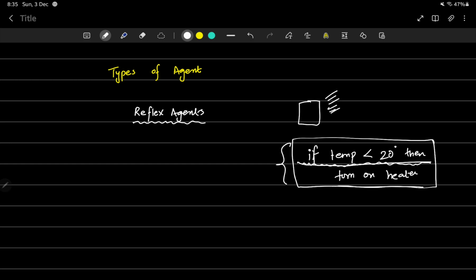So if the agent has a condition-action pair or predefined rules, then it's a reflex agent. That's it. And these rules map directly from the perception to an action without considering the overall context or future consequences.